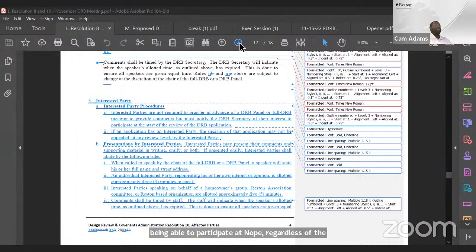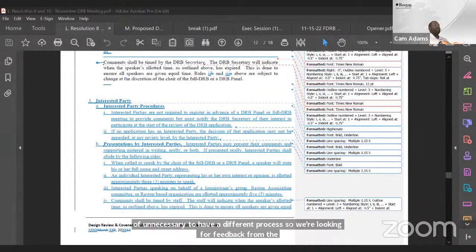We had a conversation last time related to potentially having a different process for non-residential and residential applications. But based on what we created here, it seemed unnecessary to have a different process. So we're looking for feedback from the DRB.